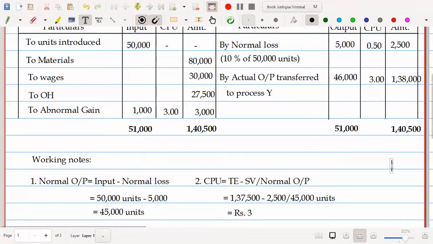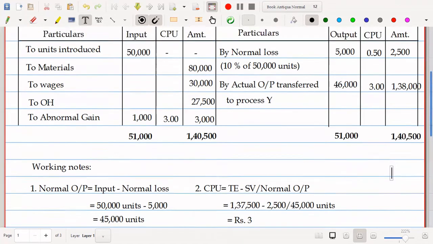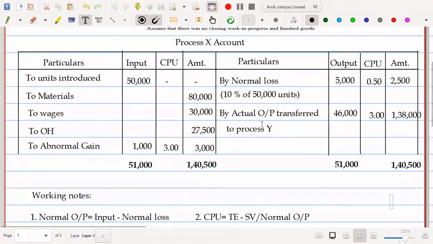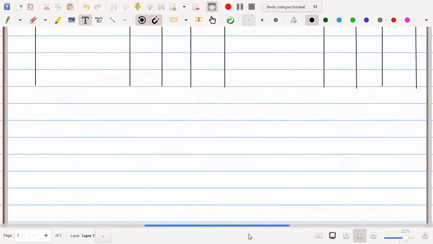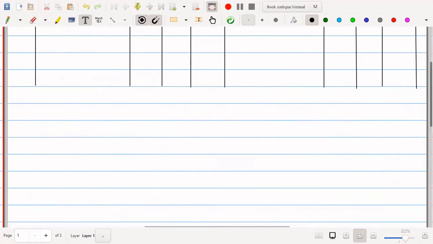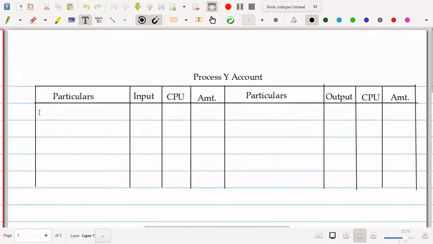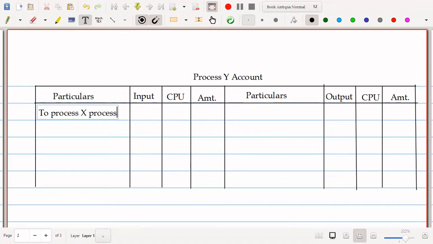Now let's go for the process Y account. Remember, whatever output is produced by process X will become the input for process Y. Let's take this to the process Y account now. To process X account, so it has come from process X account.